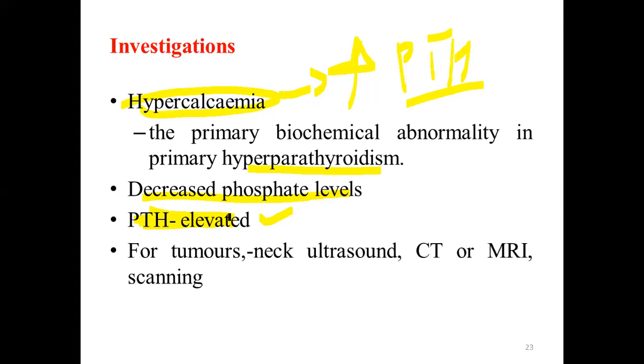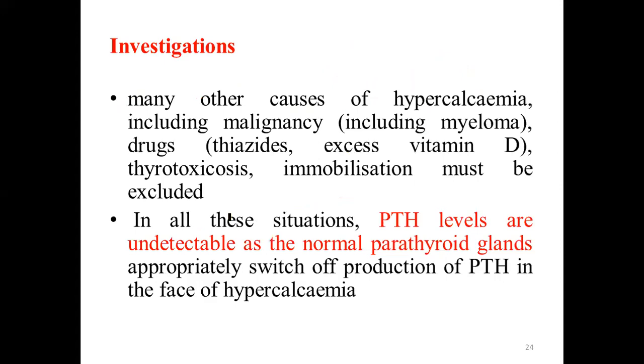For tumors, neck ultrasound, CT, and MRI scanning are very important, so that we can rule out whether the patient has a tumor in the gland or not. This is the most common investigation we need to look at. Then, apart from that, there are many other causes of hypercalcemia, including malignancy.